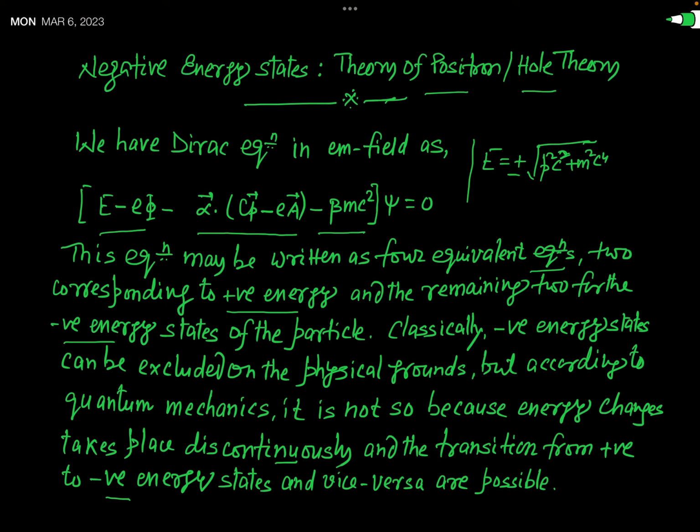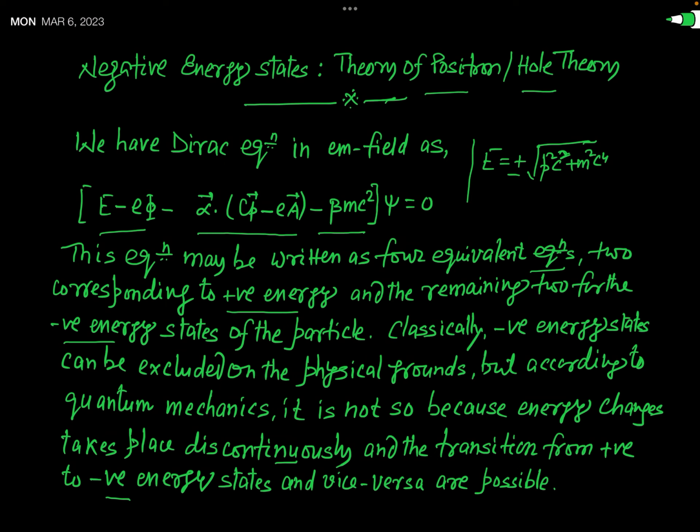So we can't escape from the negative value of the energy. So this was a vital problem: if the Dirac equation is valid, then definitely it should explain the negative energy states too, apart from the positive energy states.